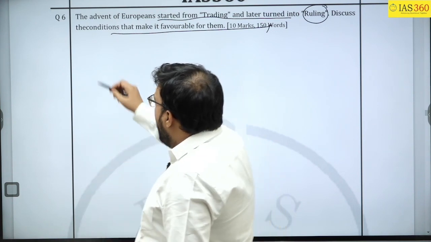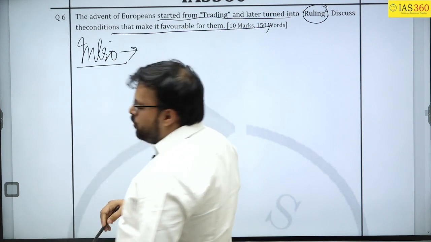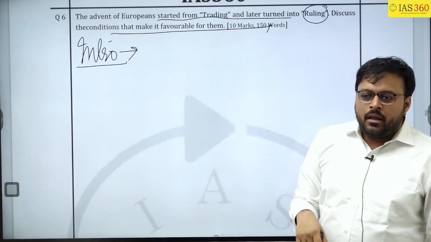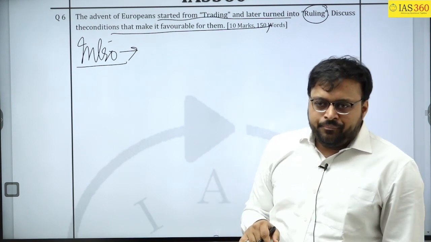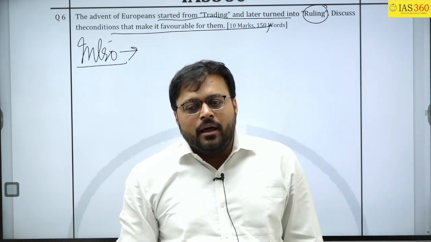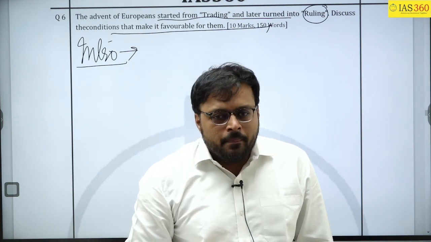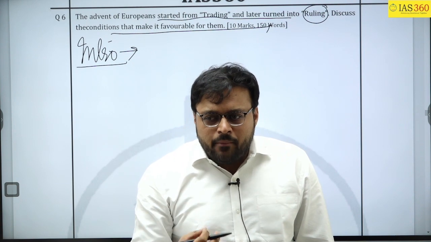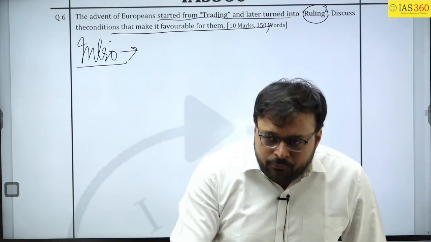So basically, in the introduction, you can talk about how the arrival of the Europeans started, or mention the objective of their coming into India, or mention the timeline. Portuguese, Dutch, Danish, French, British, they came for trading.